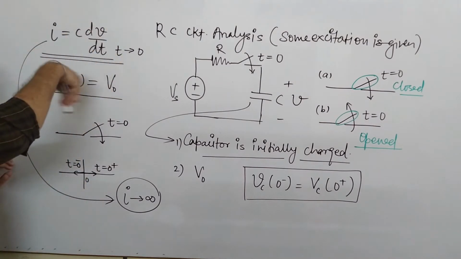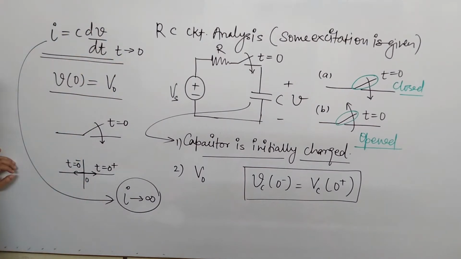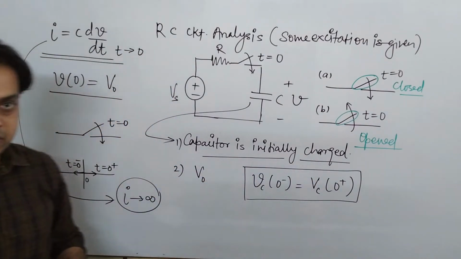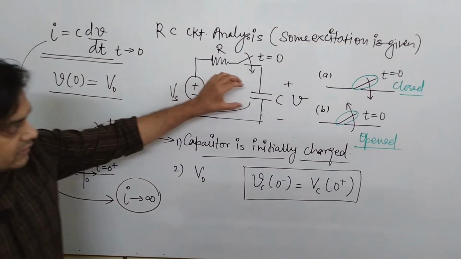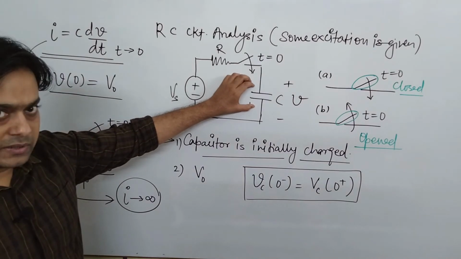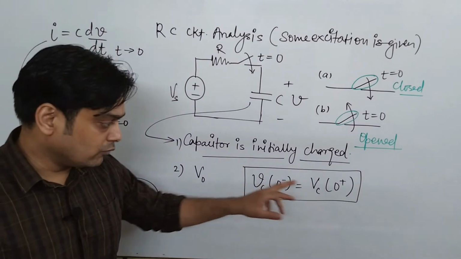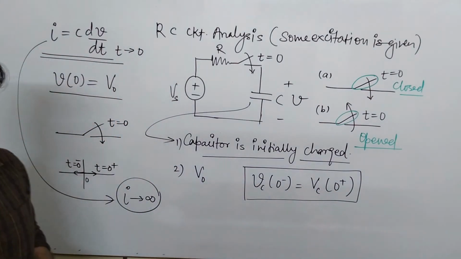This is just a theory in which we understand that once t goes to 0, i definitely goes infinite. But such a condition never appears in the circuit, and that is the reason the voltage at 0 negative remains equal to that at 0 positive. So the initial voltage across the capacitor at t equal to 0 negative is always equal to the voltage at t equal to 0 positive.